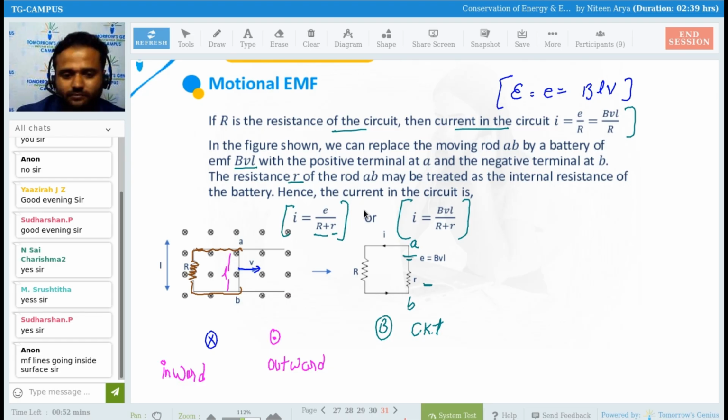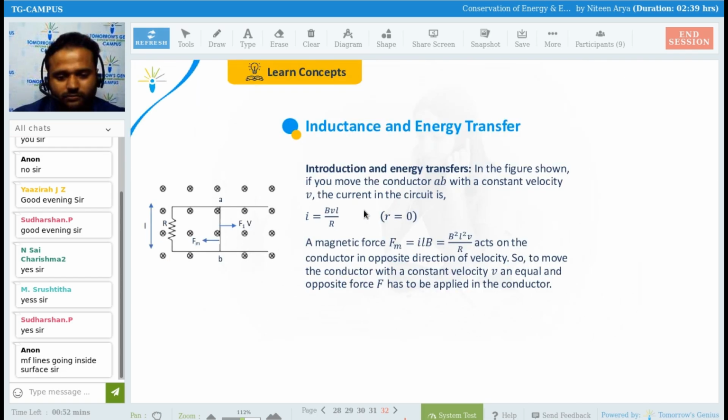Nothing I'm doing new. I'm just moving my wire, which generates an EMF, and that EMF is treated as a potential difference or a battery. Due to this battery I can connect another resistance R, and this is going to be the scenario.